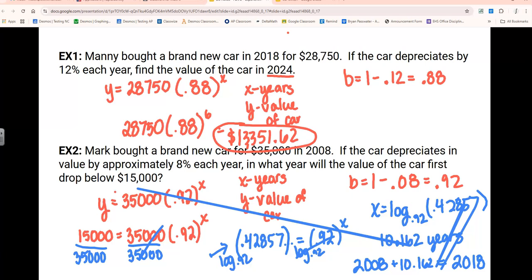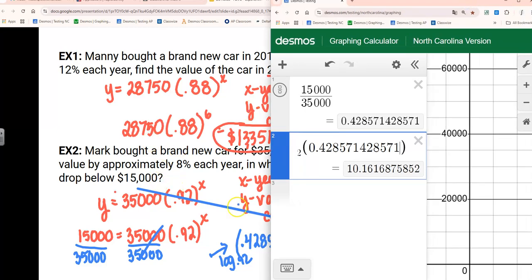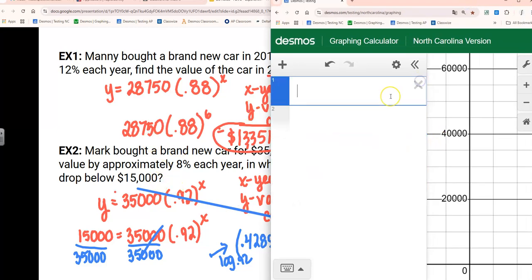Okay. Perhaps you've forgotten how to solve exponential equations, and what I just did seemed confusing to you there. That is okay. There is also a Desmos way to do this. So let's say that you are lost on this. Let's say that you need to use Desmos entirely for this. You still have to be able to set up the equation. If you can't set up the equation, you're going to be in trouble.